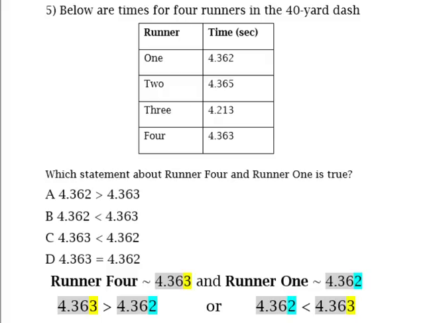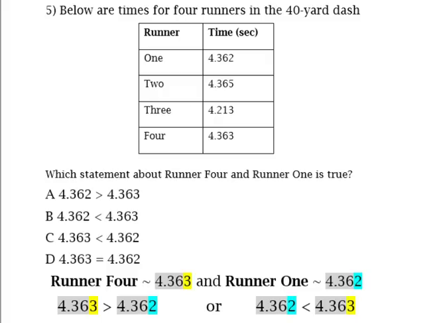Based on this information, we can conclude that 4.363 is greater than 4.362, or another way we can say it is 4.362 is less than 4.363.